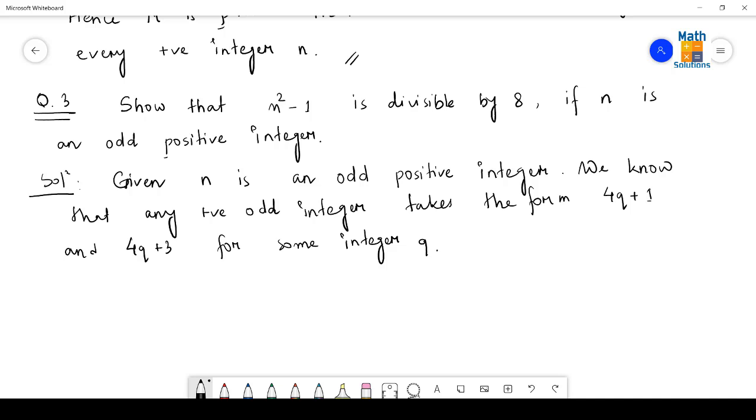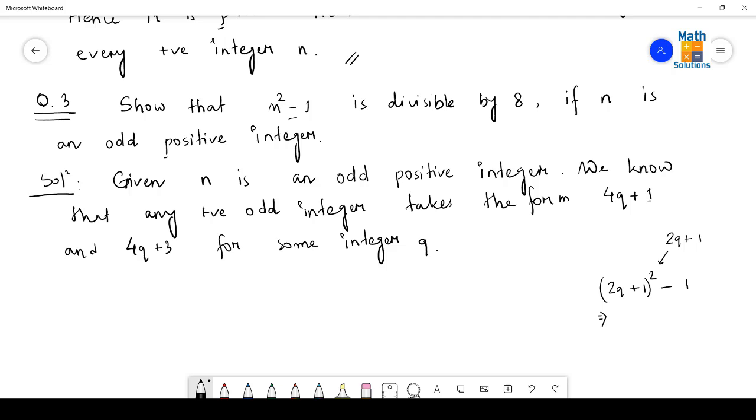Because in case of odd integers there is only one form taken. If I consider 2q plus 1 and put this value in this expression, let us see what result we get. 2q plus 1 whole square minus 1.